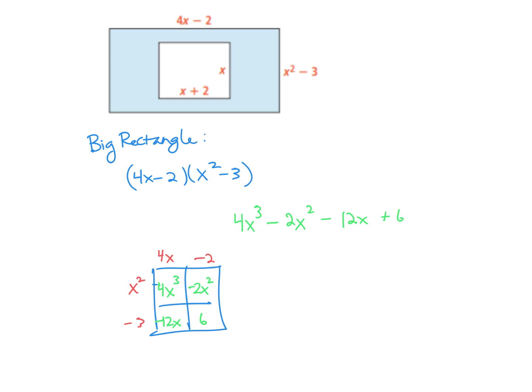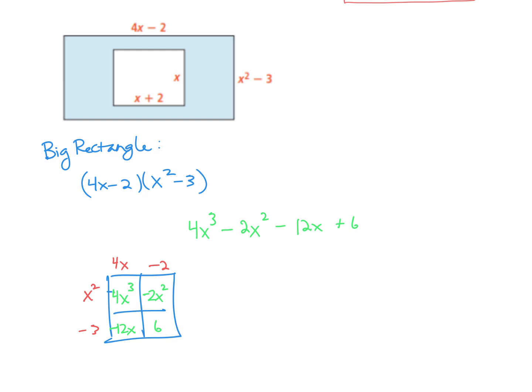Now we need the area of the small rectangle also. All right, the small rectangle, the length times the width is x times x plus 2. That's just a simple distributing. x times x is x squared, x times 2 is 2x.